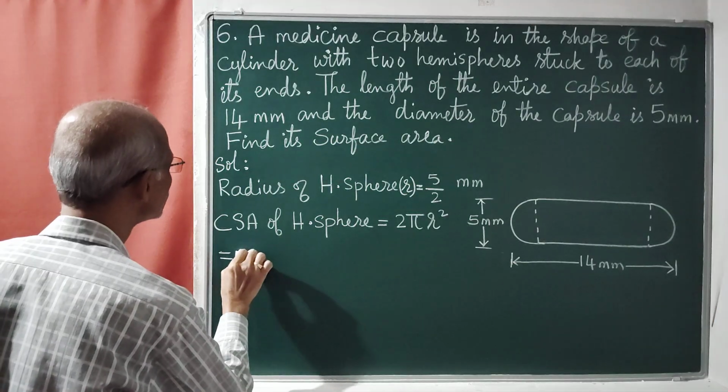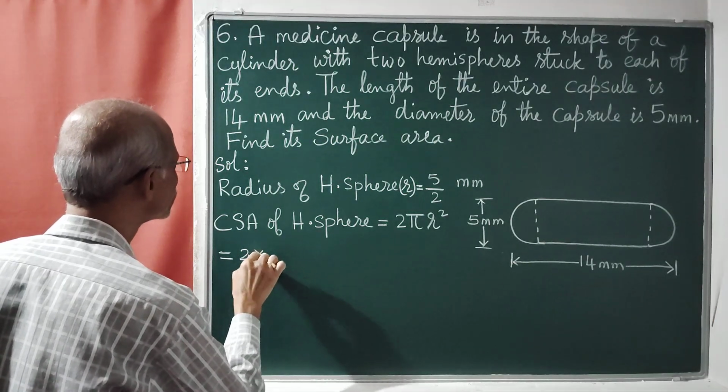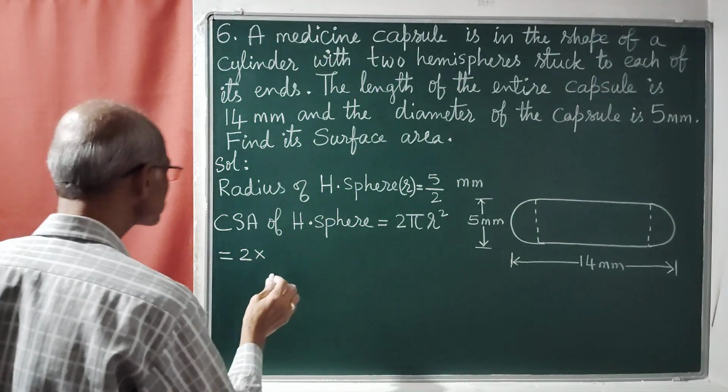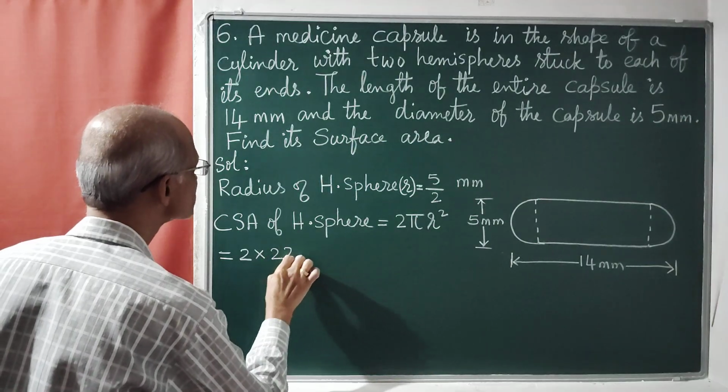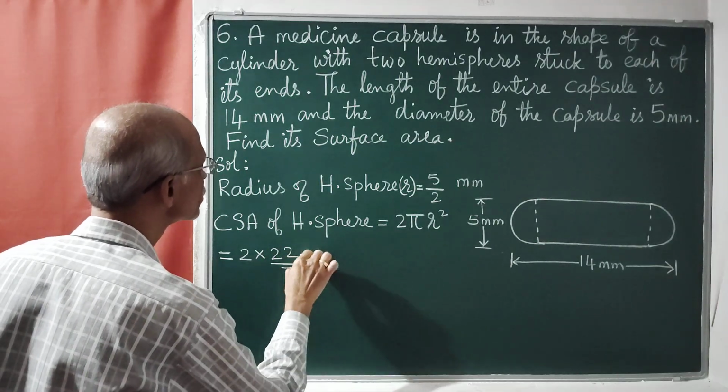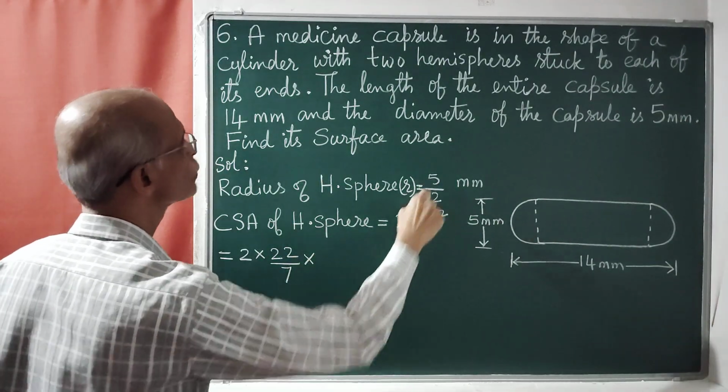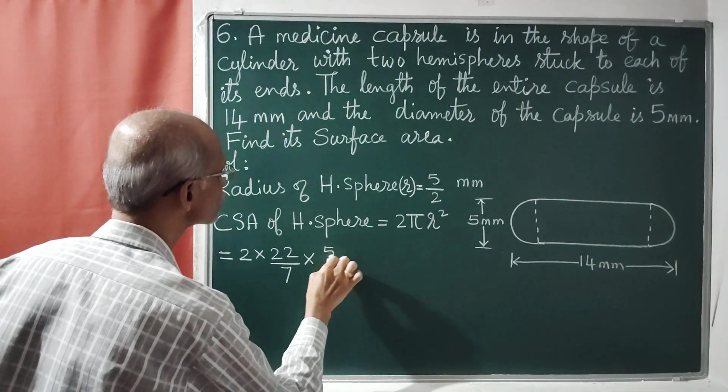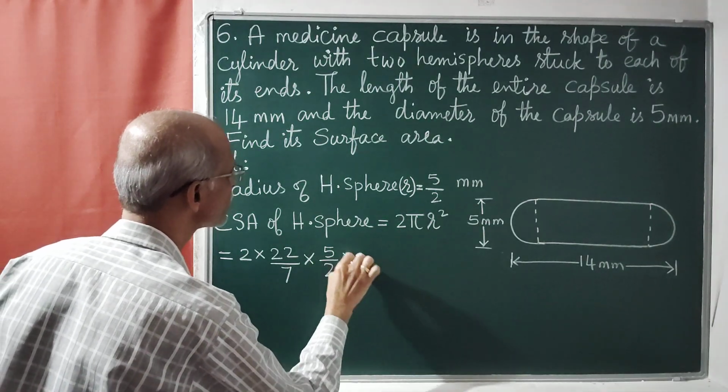That's equal to 2 into 22 by 7 into r square. R is what? 5 by 2. So r square means 5 by 2 into 5 by 2.